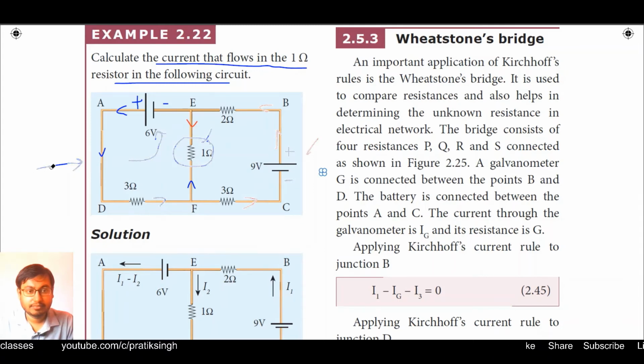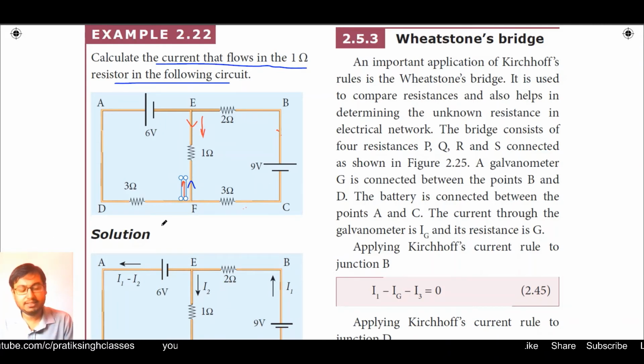As you can see here, because of the battery between A and E, the current is going in the upward direction from F to E, but because of the battery between B and C, the current is going in the downward direction. So let us study how to solve this question. These types of questions are always asked in the NEET and JEE exams.